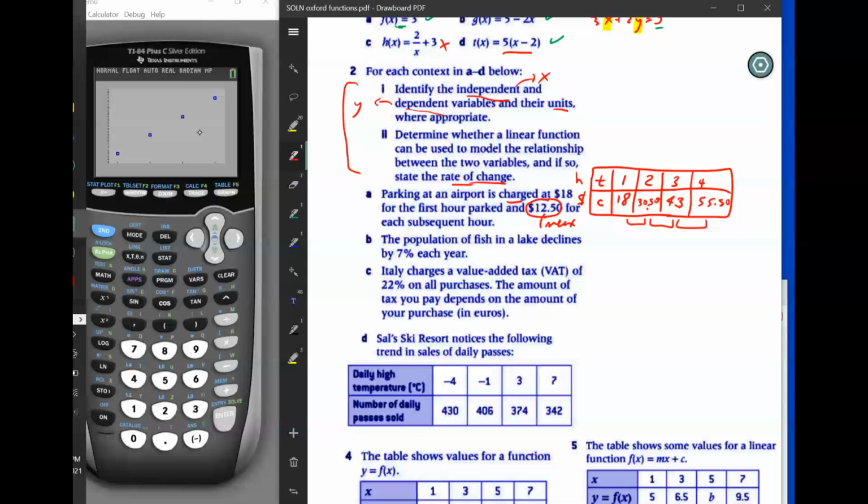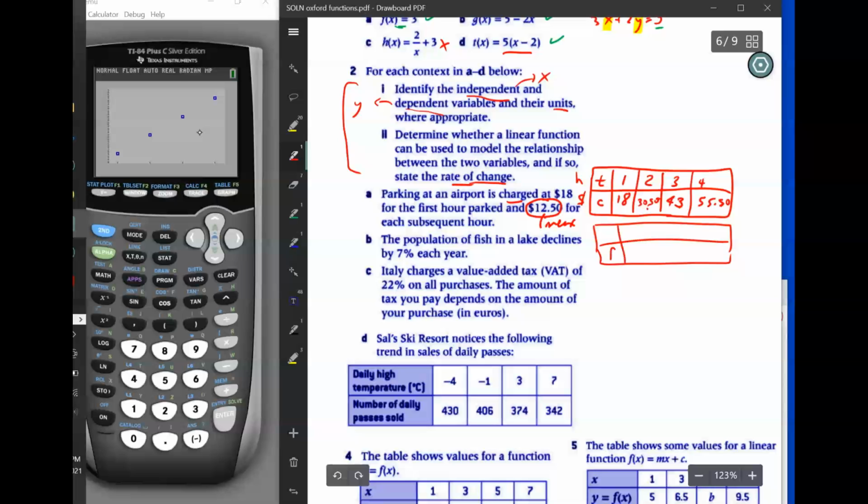Okay, the population of a fish in a lake declines by 7% each year. Somebody might be confused by this because let's say that you're going to make a table for this one. You don't know what numbers to put because it never says what the first number would be.